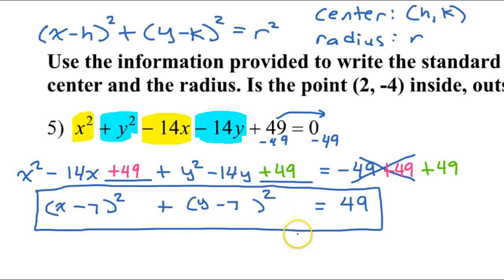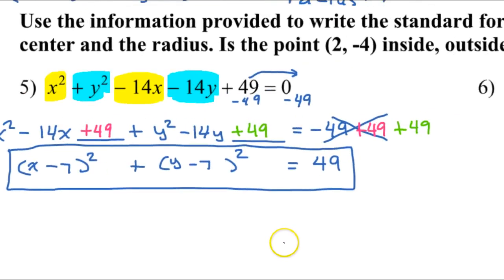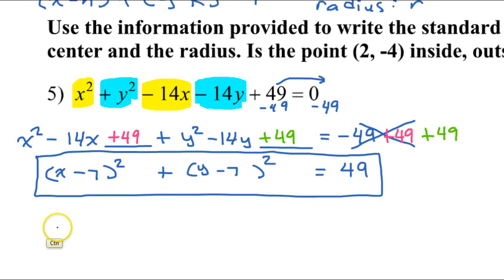Now it's time to say the center and the radius. The center is going to be the opposite of this, comma, the opposite of that. So the center is going to be (7, 7). And the radius.